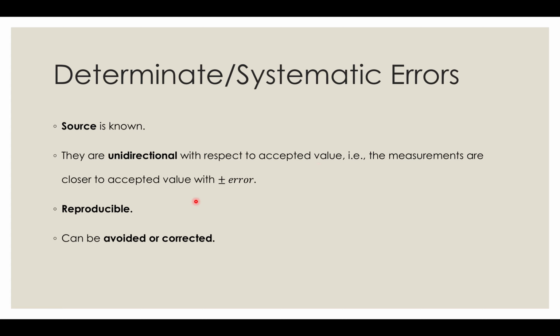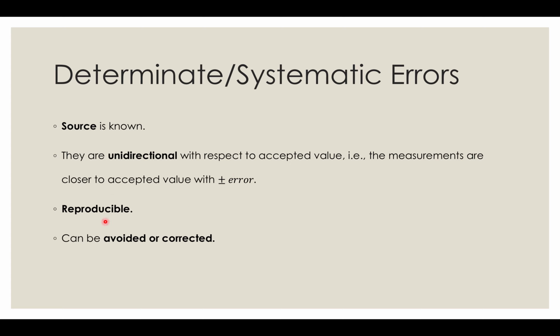That is, the measurements are closer to the accepted value with a plus and minus error. That means the error coming from determinate error would lie closer to the accepted value, showing only a little deviation from it, which can be represented as a plus and minus error in the analytical determination.